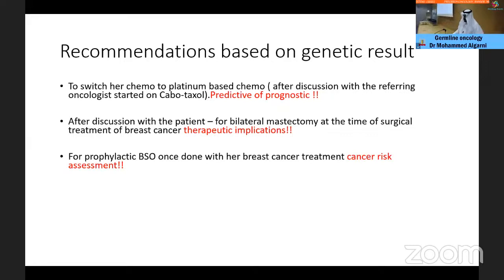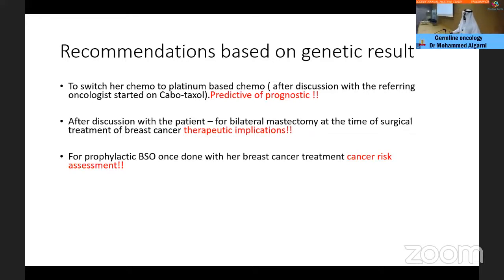In terms of therapeutic implications for the patient, given that she had 2 mutations that increase her risk of breast cancer, and she already developed breast cancer, she has a high risk of developing a secondary contralateral breast cancer. So we decided, instead of a unilateral mastectomy, to go with a bilateral mastectomy at the time of surgical intervention.